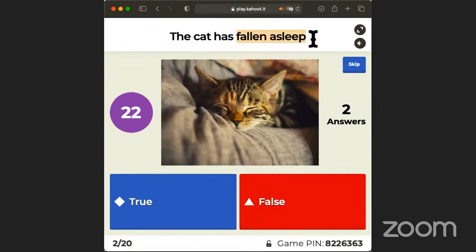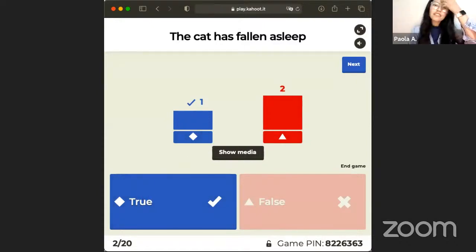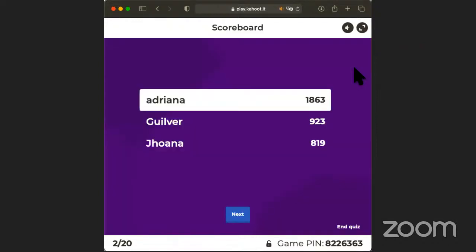Fallen asleep. Yes, great. Adriana is like, oh no. Yes, it was true. Fallen asleep is like falling, but sleep, not to the floor, because the cat was sleeping, no? So the cat has fallen asleep. Okay, great.